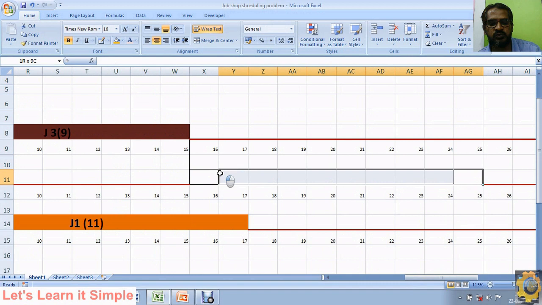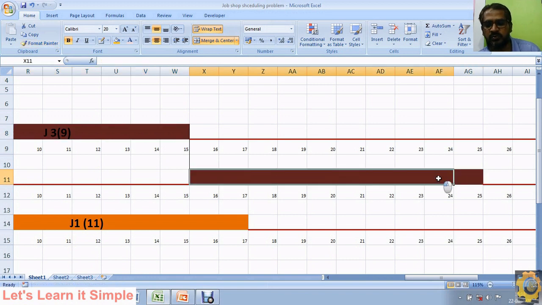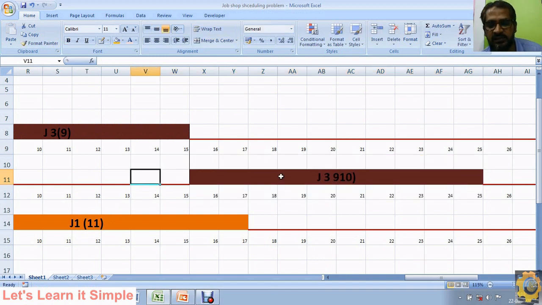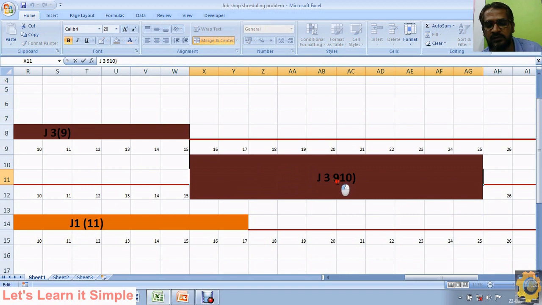As usual, text wrap, merge, center, font, color, everything you can change. Now this is the third job on machine 2, and it takes a time unit of 10, which is given in the question.